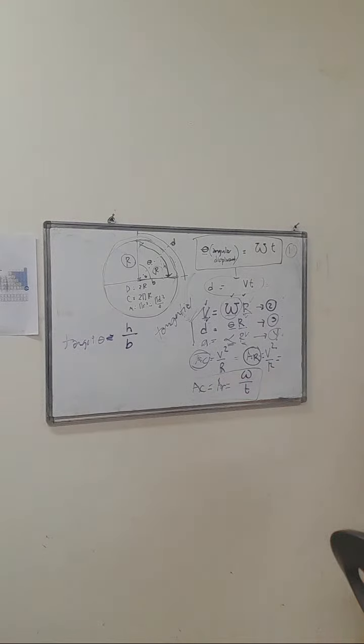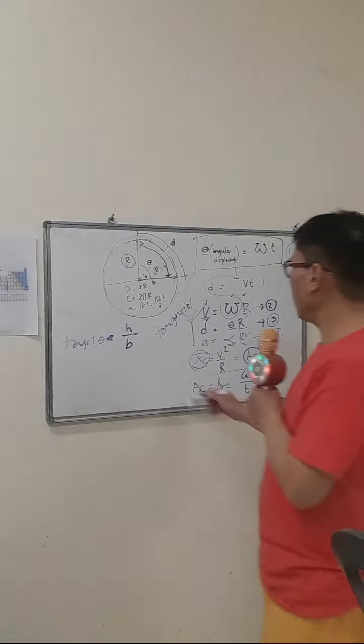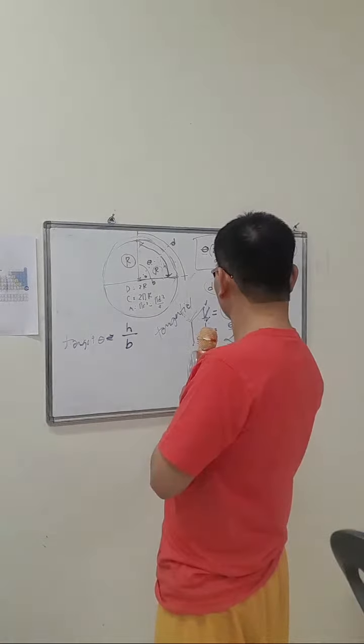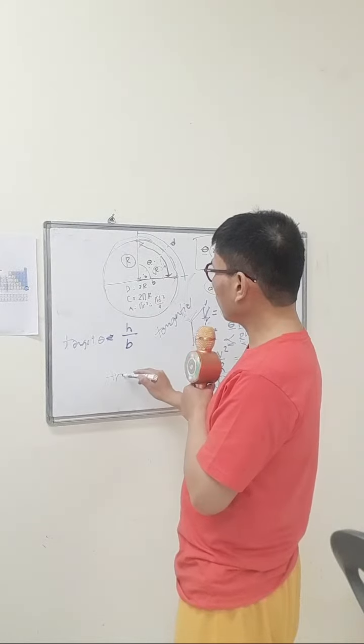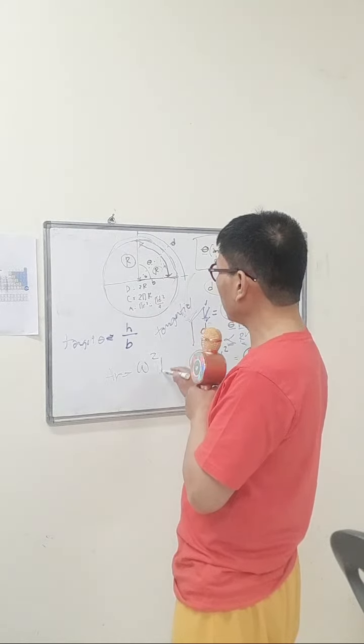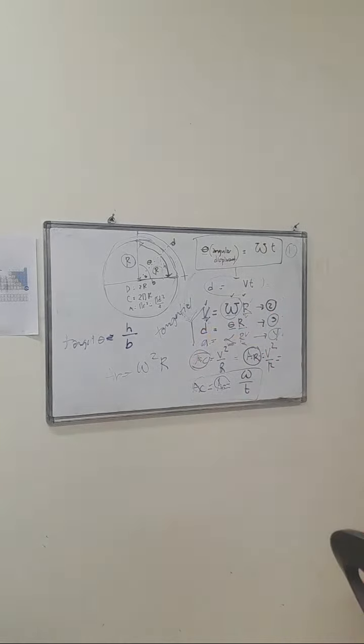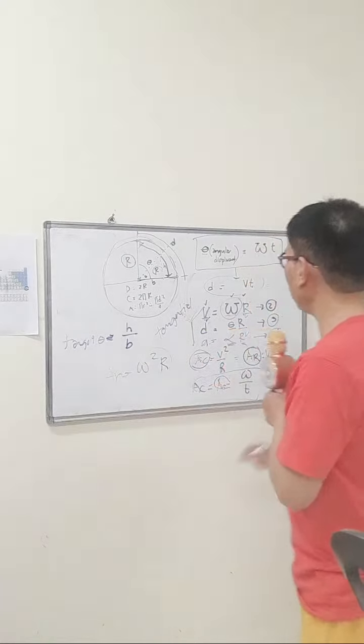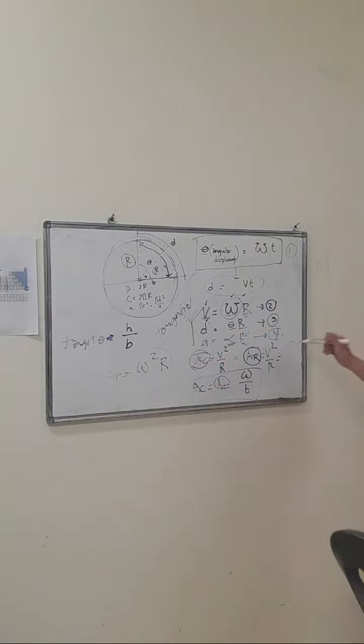We can also say that centripetal acceleration is equal to w squared times the radius. So how many formulas for a_r? 1, 2, 3. It depends on the quantities to be solved.